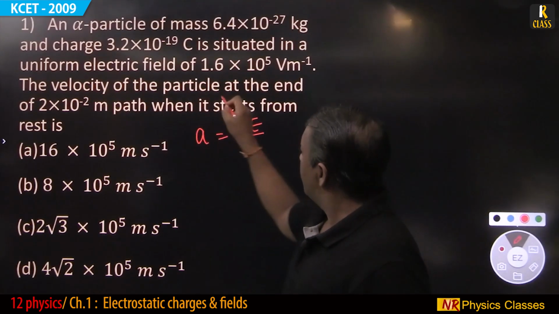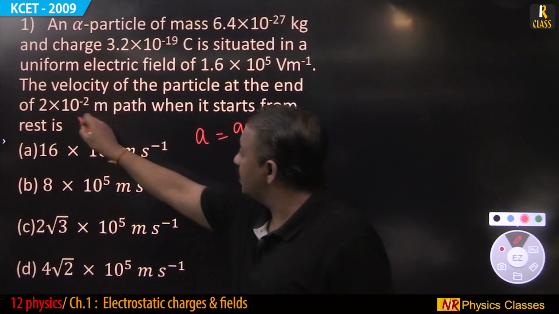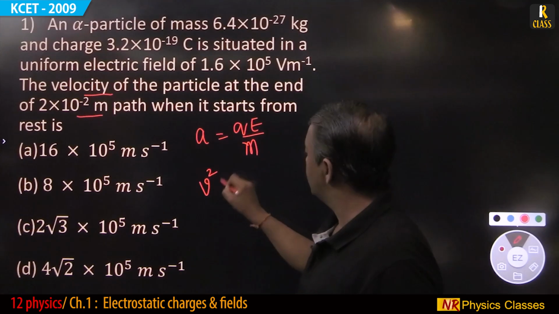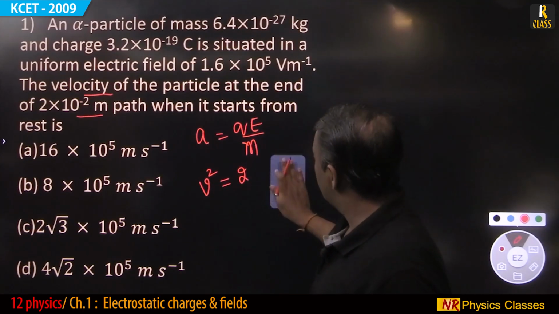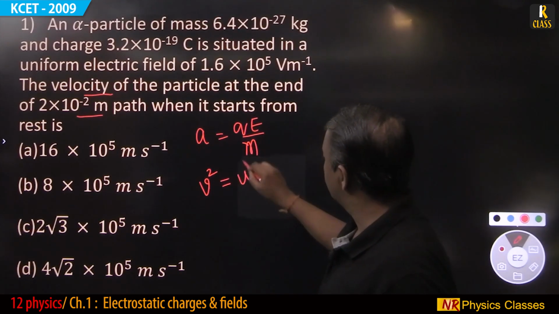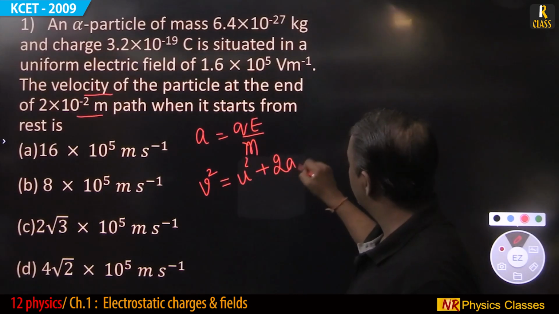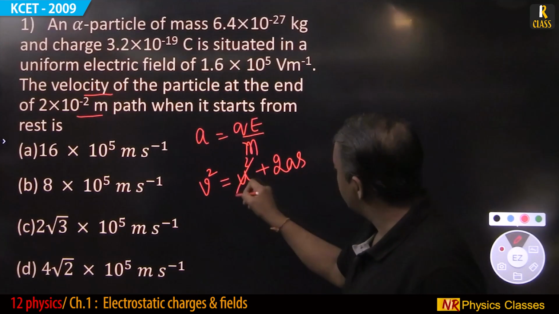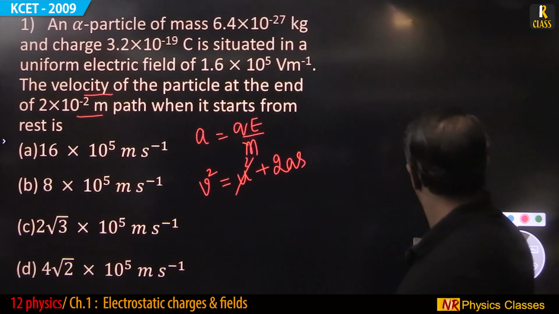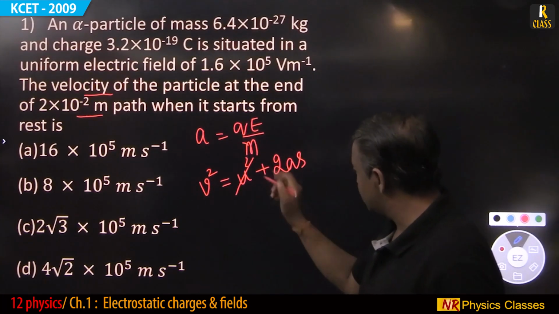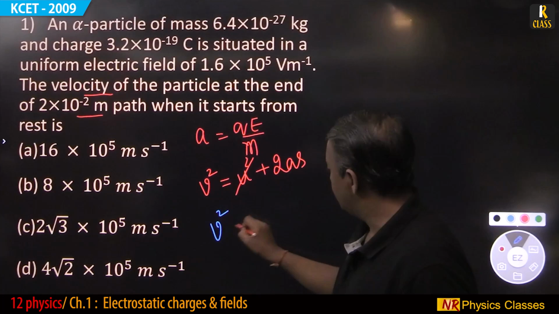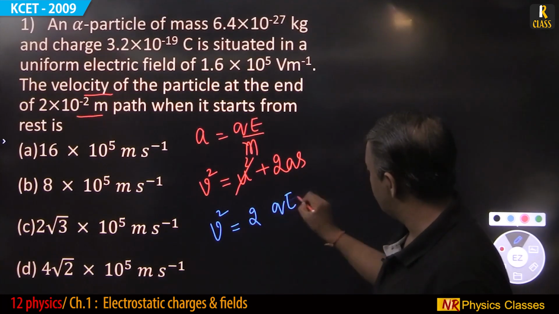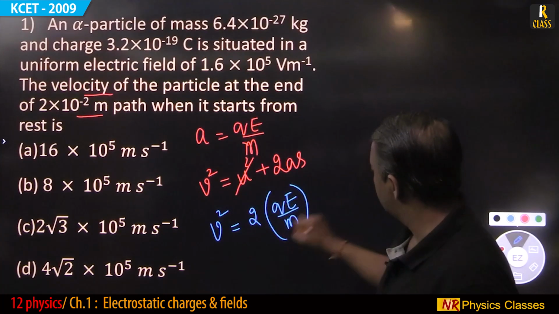The velocity of the particle at the end of this displacement: velocity and displacement means v square equal to u square plus 2as. It starts from rest, so initial velocity is 0. Substituting, v square equal to 2 into acceleration QE by m into displacement.